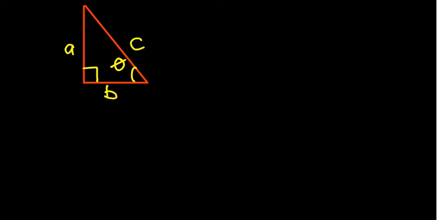So according to Pythagoras theorem, we already know that C squared is equal to the square of the other two adjacent sides, which is A squared and B squared. We understand that already. Okay, now let's try to divide both sides by C squared.